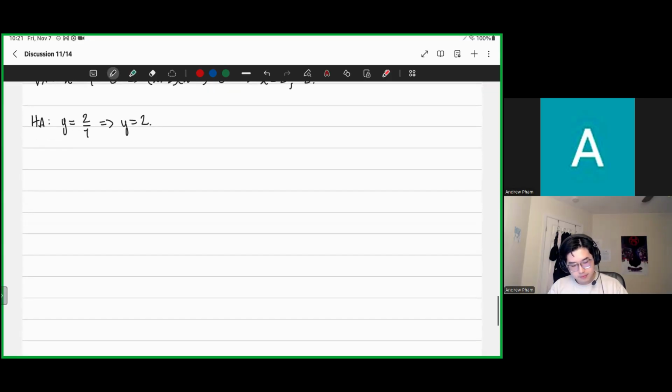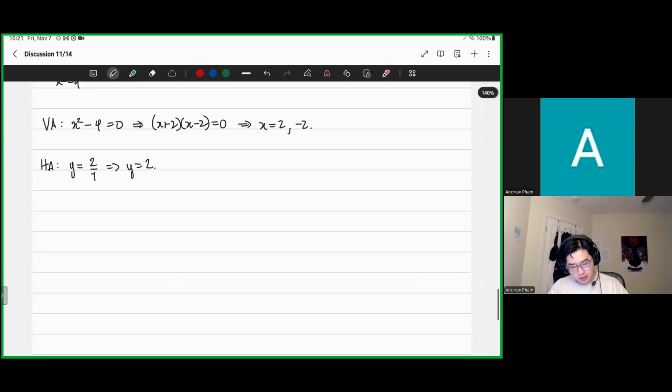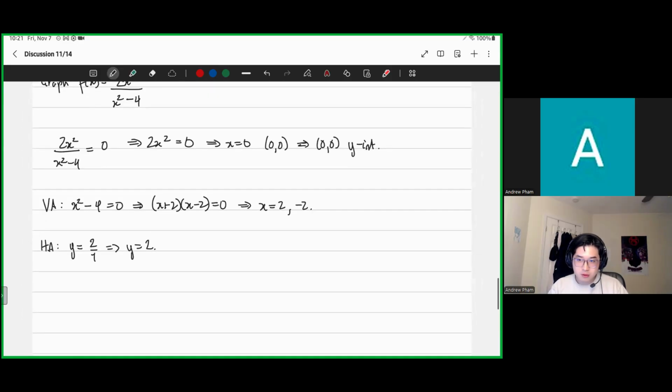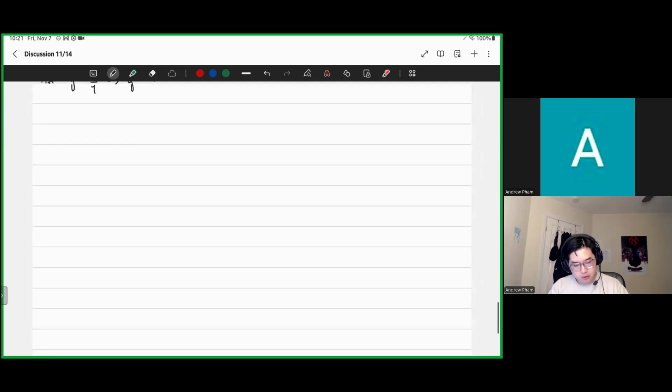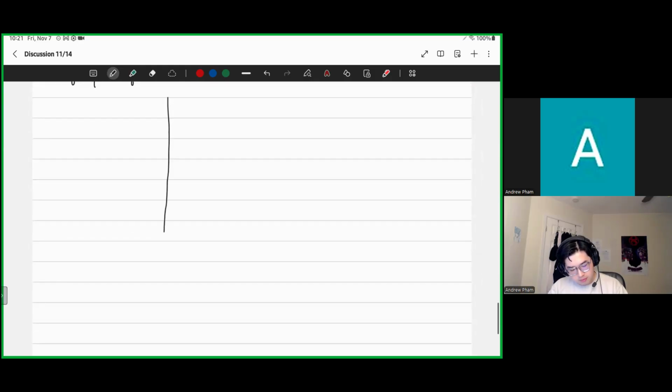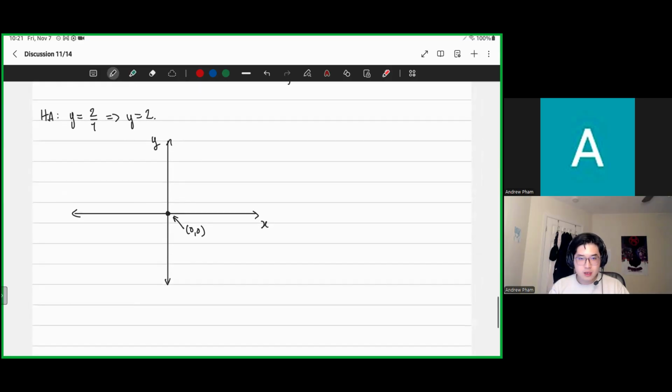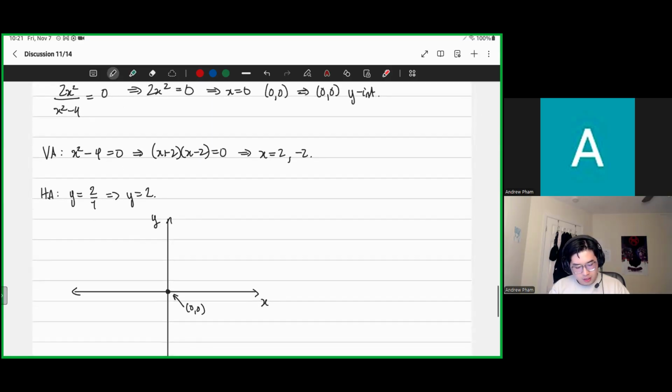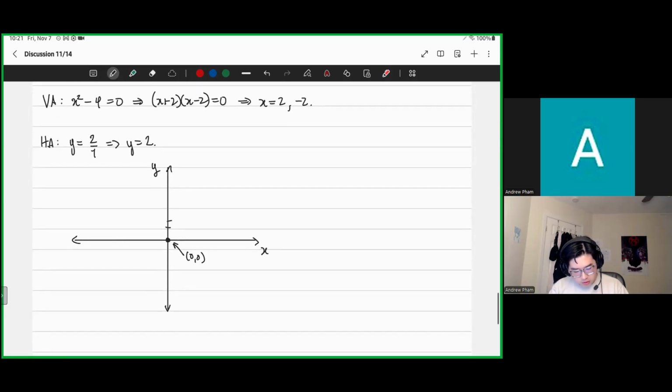Now, the last step is to graph this function, see how it works, right? So if I draw my coordinate plane like so, I graph my point at the origin and label it. Don't forget to label your axes too. So this is x, this is y. I label my axes and I plot my vertical and horizontal asymptotes.